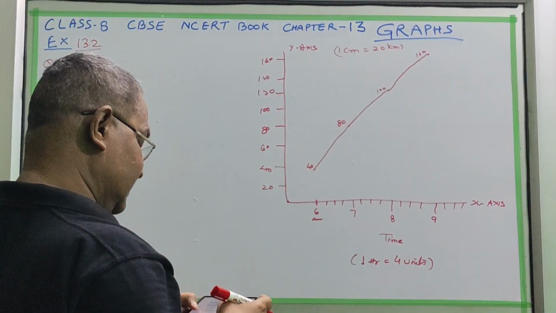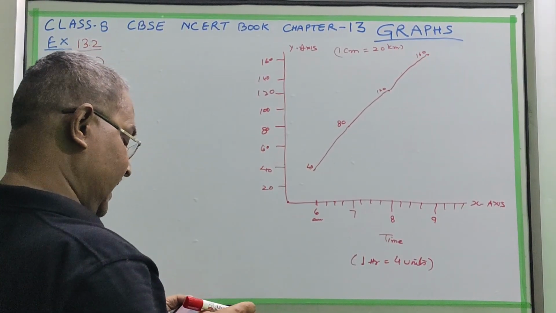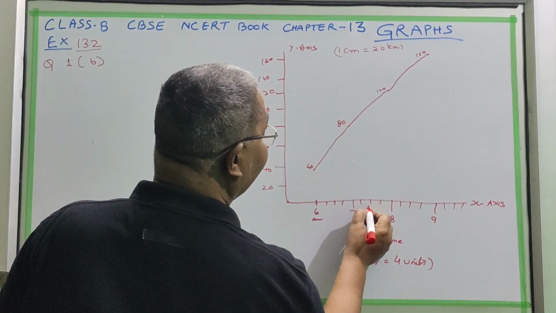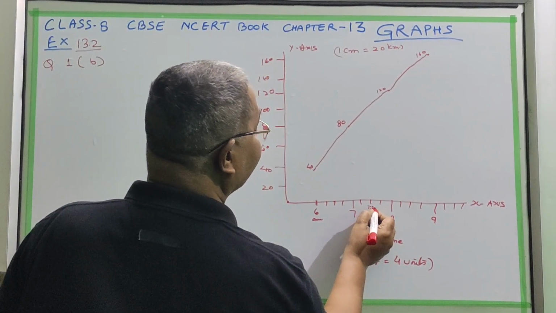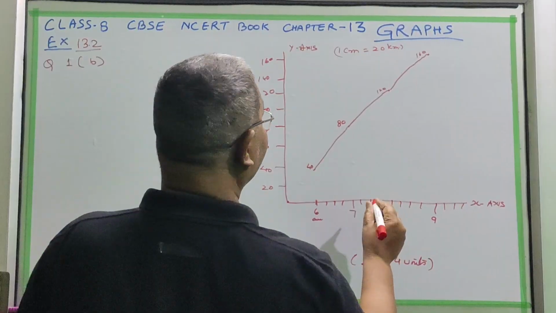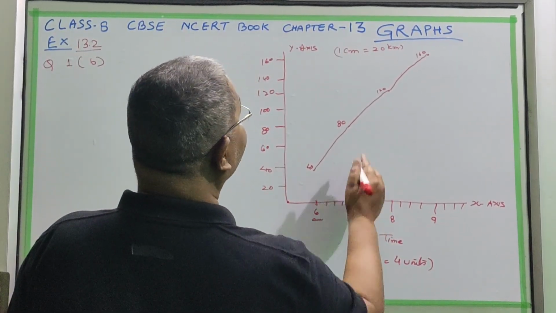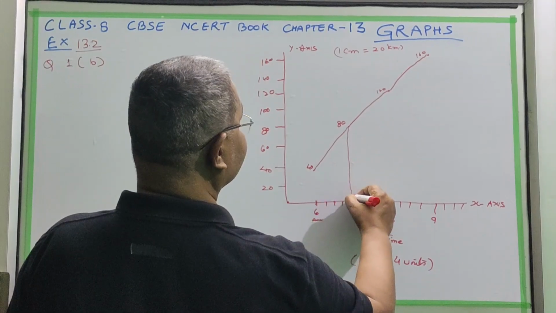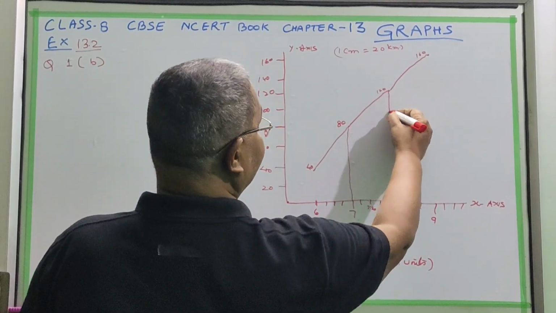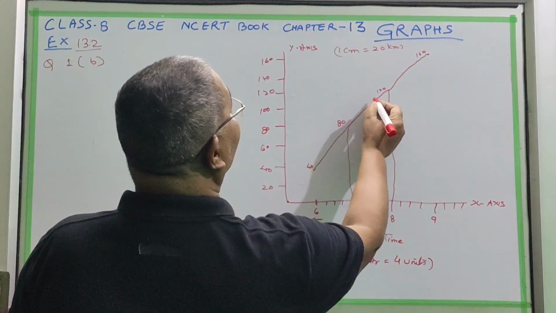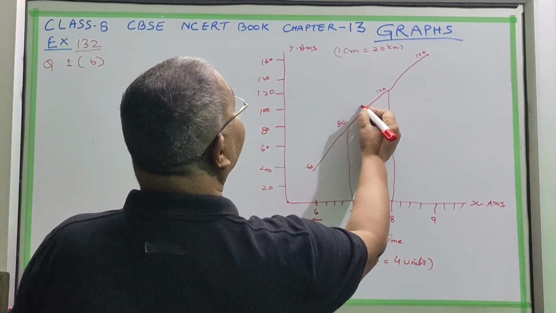How much distance did the car cover during the period 7:30 to 8? So 7:30 will be here, half. That's why I have 4. At 7 he was here and at 8 he was here. So 7:30 means half, so half of 40 means here it will be 100.